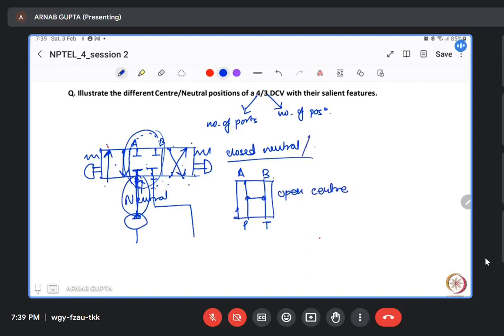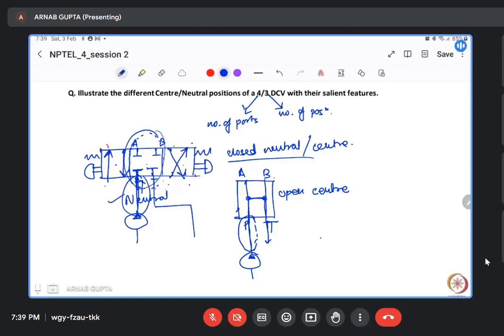This is your closed neutral or center. This means that if this is your pump, at the neutral position, the liquid will flow from the pump to the tank. It will not get held up in this particular line, like in this case. So this is one outcome.